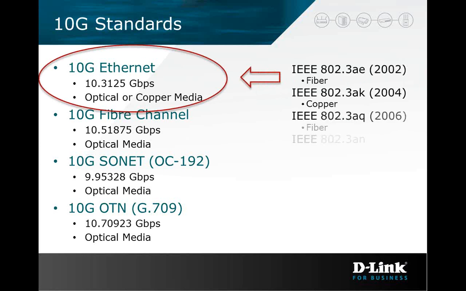Here on today's webinar, we're talking about 10 gig Ethernet, not the other technologies. 10 gig Ethernet, which can be over fiber, it can be over copper, and that's what we'll focus on today. And in fact, I'm showing here the IEEE standards, the 802.3 standards that define 10 gig Ethernet.